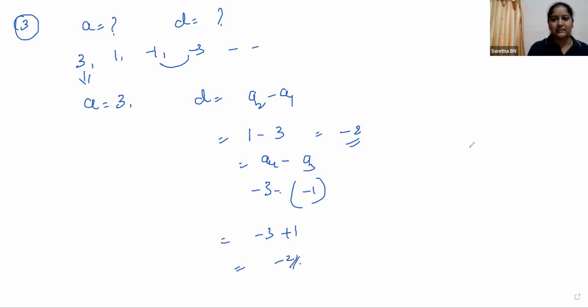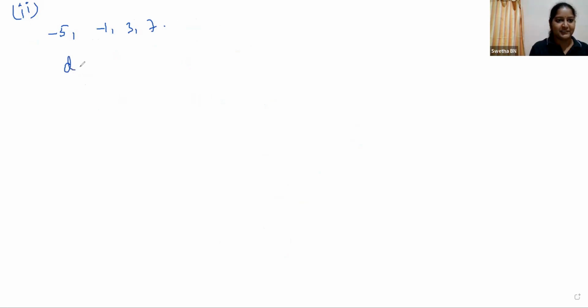And do the next sum. Minus 5, minus 1, 3 and 7. Tell me what is D fast. Ma'am, minus 4. Minus 4. Okay, let me see.